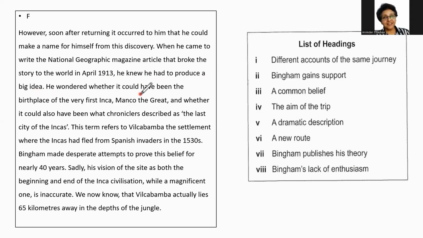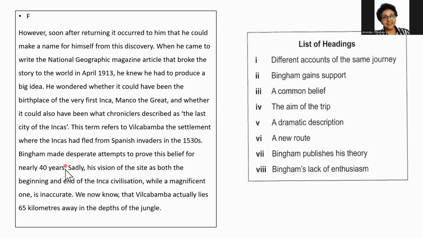He wondered whether it could have been the birthplace of the very first Inca, Manco the Great, and whether it could also have been what chroniclers describe as the last city of the Incas. This term refers to the settlement where the Incas had fled from the Spanish invaders.